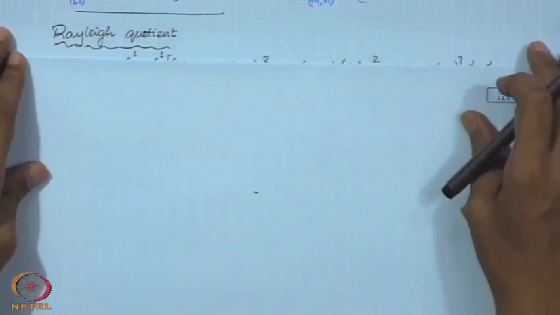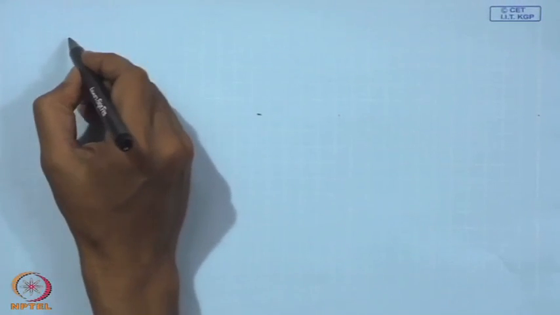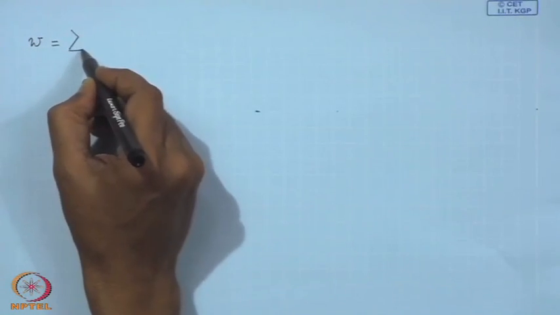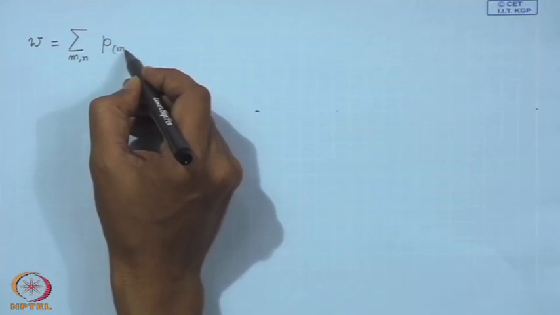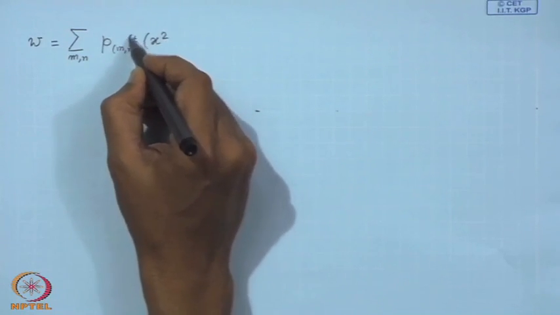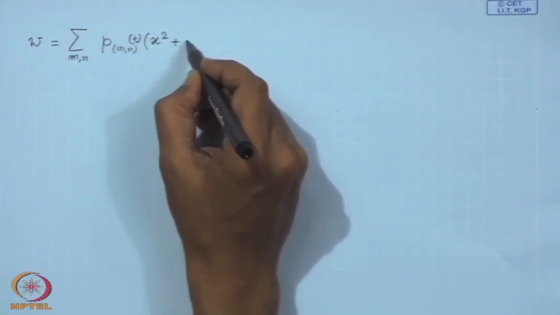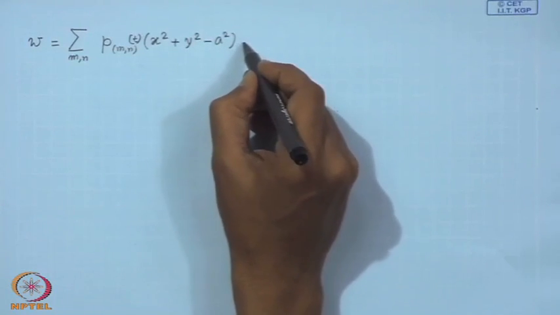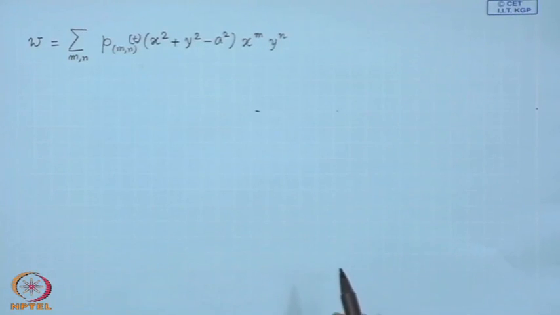So, the expansion that we are using has coordinates P multiplied by the admissible function.